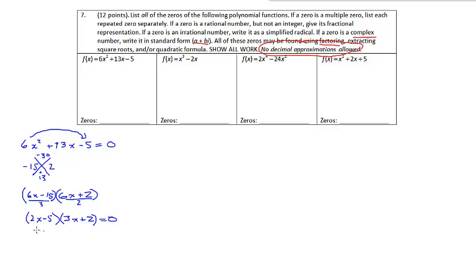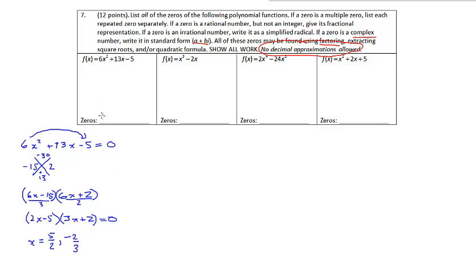Equals 0, and so one of the zeros, if we set this first factor equal to 0, I'm just thinking mentally, if I add 5 to 0 and then divide by 2, I'll get a positive 5 halves. And if I subtract 2 from 0 and then divide by 3, I get a minus 2 thirds.